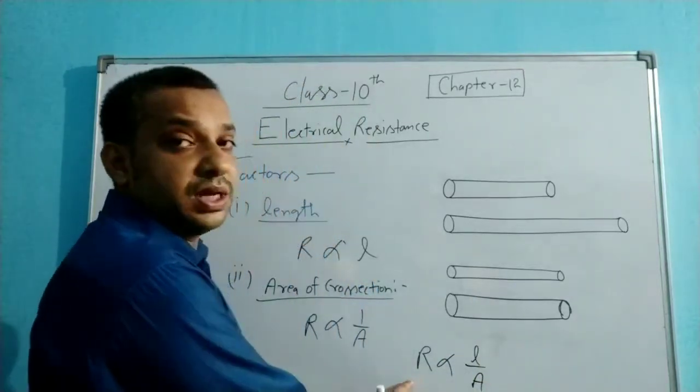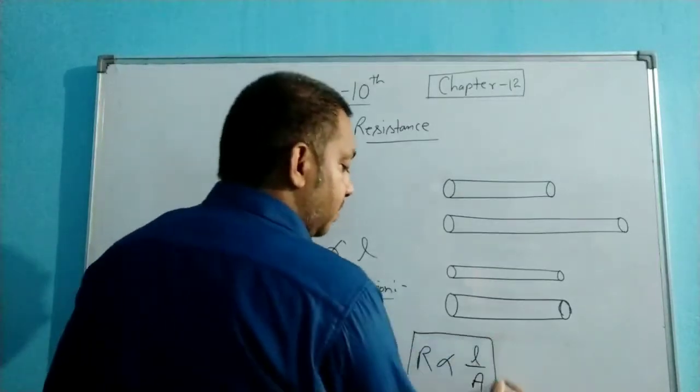And you know that whenever you are eliminating the proportionality sign, you have to use a constant.